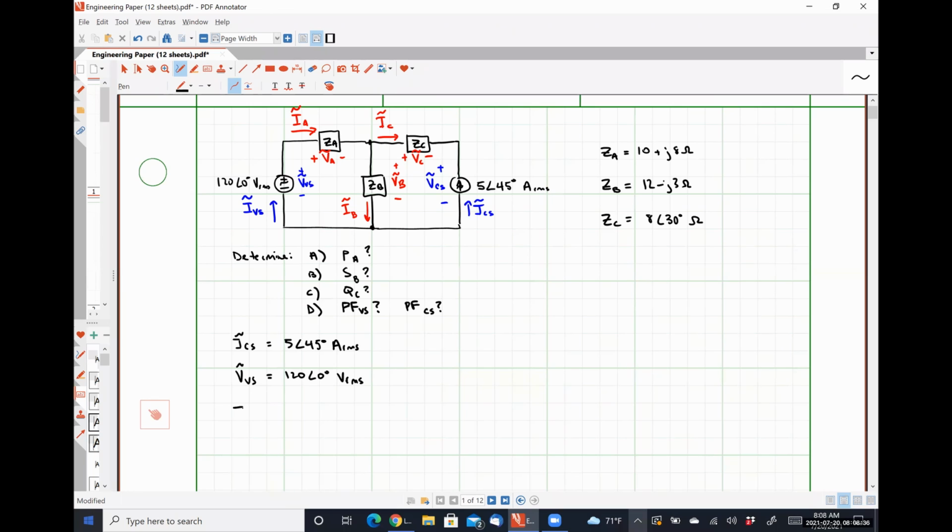Okay, so IC is negative ICS. So that means we're going to either add or subtract, it does not matter, 180 degrees to the angle of ICS in order to get rid of that negative magnitude. So that would look like 5 angle negative 135 degrees amps RMS.